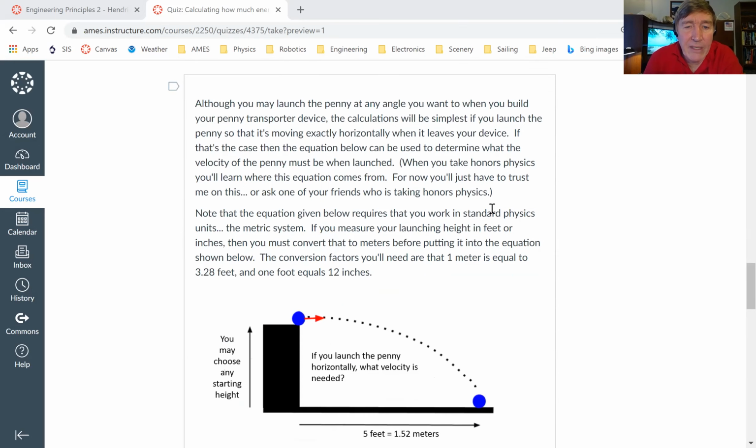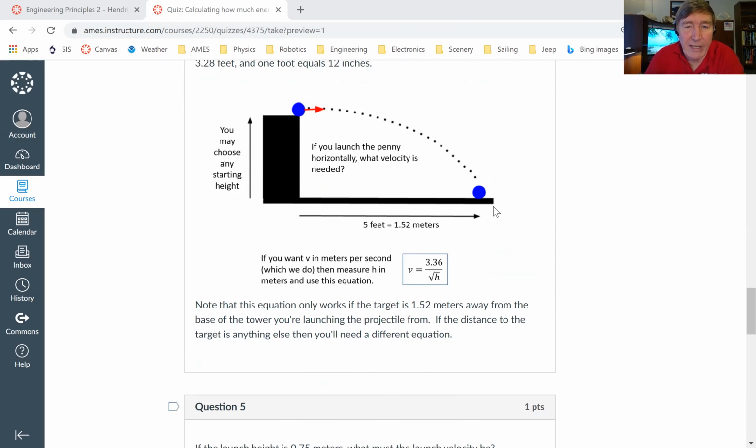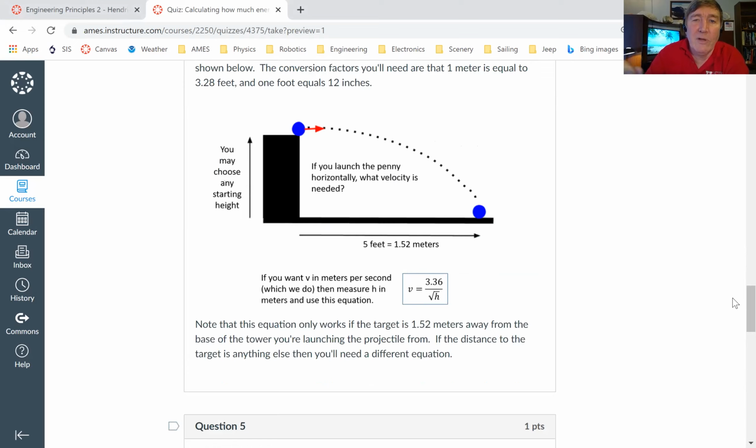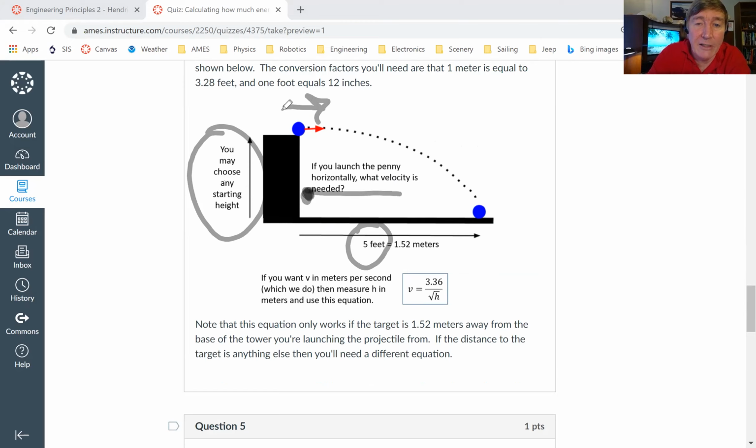Okay, now, here is the thing where some of you ran into some trouble. We talked about this last time, but apparently it didn't fully sink in for everybody. So if we want our penny to hit the target, and the target is 5 feet away and we're free to choose any height that we want, the velocity that we need to use is going to be different for some people than for other people. People who choose a low height need a lot of velocity, because otherwise their penny is going to hit the ground.